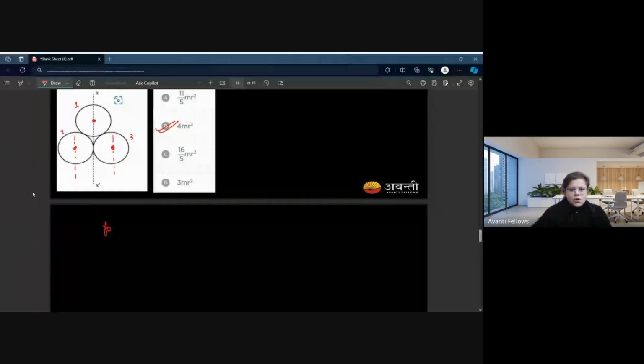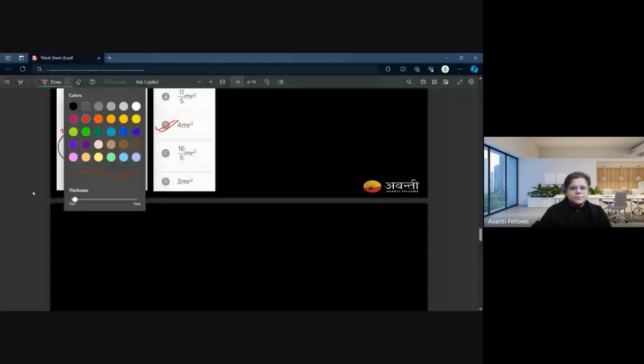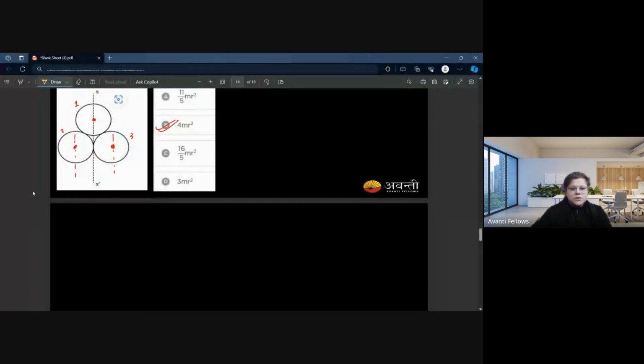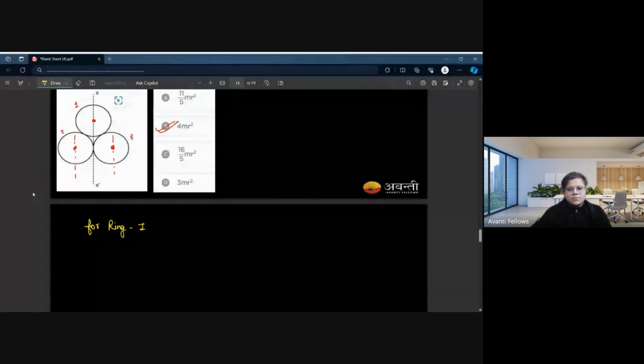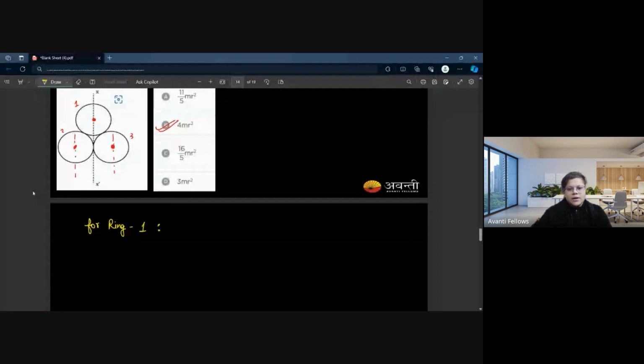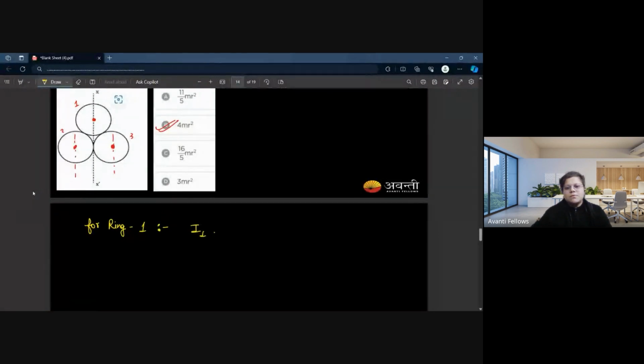So, okay, let me change the color. For ring number 1, the inertia would be 2 by 3 mr square, as per the data that we have.